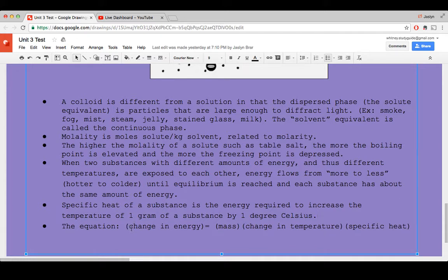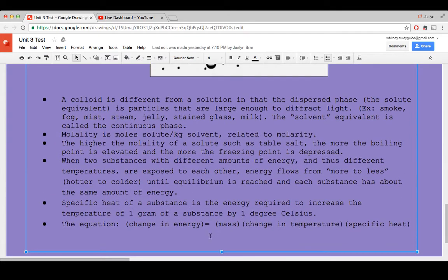This is represented by a triangle and then H, and this is triangle T, but I couldn't find a triangle on the keyboard, so we're just going to go with this. And specific heat changes, like I said, for different substances. For water, it's 1.0.